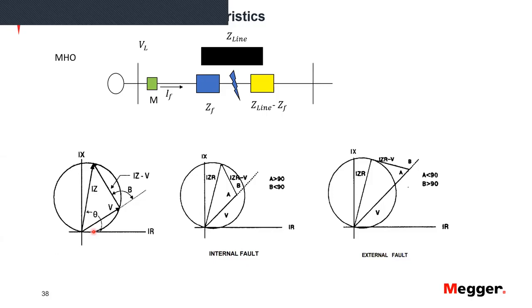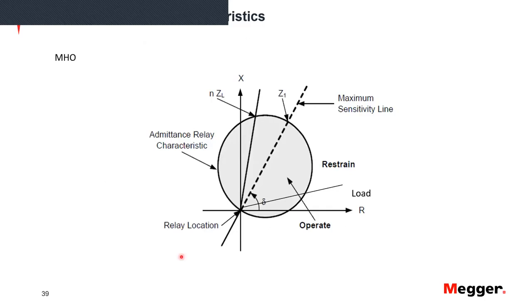I want to go back to the characteristic to show again a very important thing. For faults that happen inside the characteristic, the relay should operate. Outside, the relay should restrain. Now here I'm showing a line that shows where the load would be seen in this graph. Remember, the farther out we are, the smaller the load is.